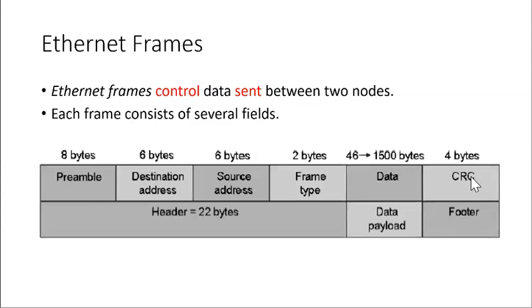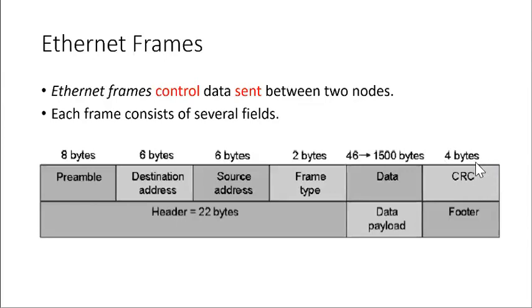On receiving, the destination computer also calculates the CRC based on the data, and then checks whether the CRC it calculated and the CRC embedded in the footer by the source computer are the same or not. If it is the same, then it is assumed that the data transfer is correct, with no change or manipulation or modification of data on the way.